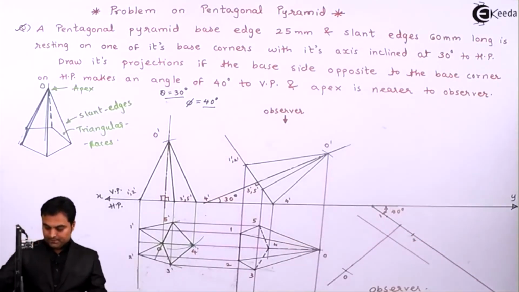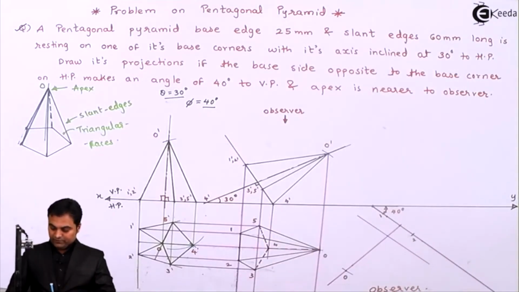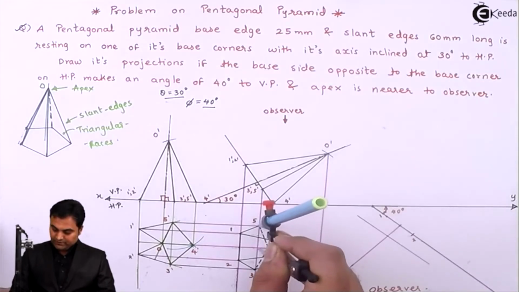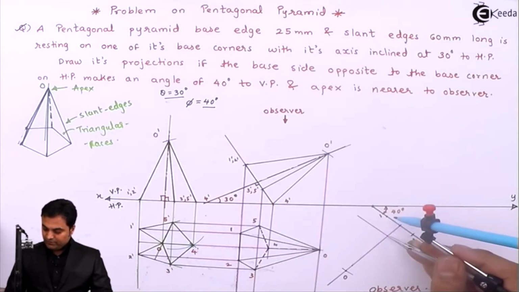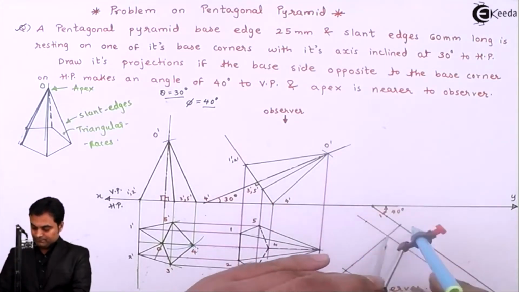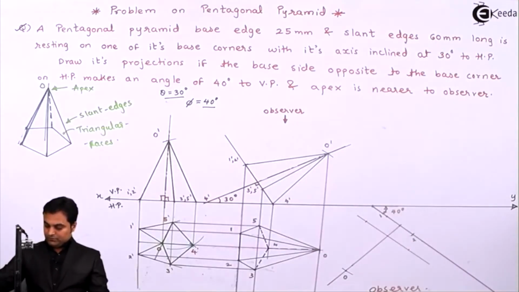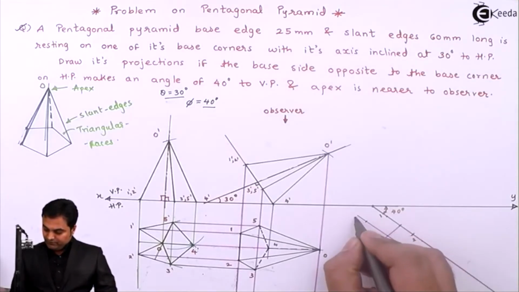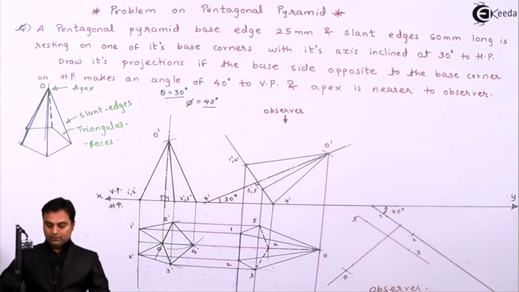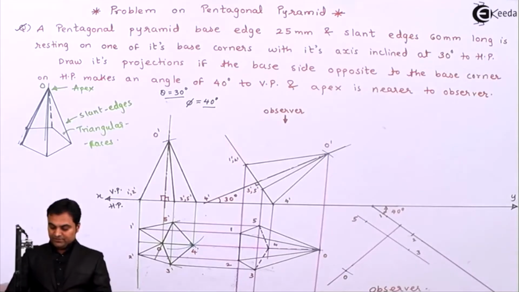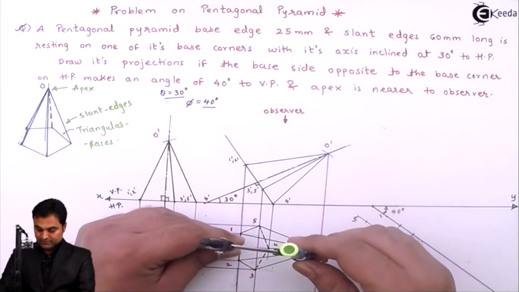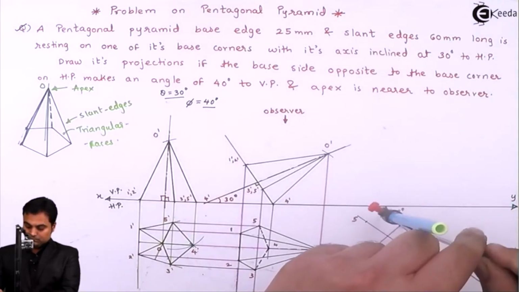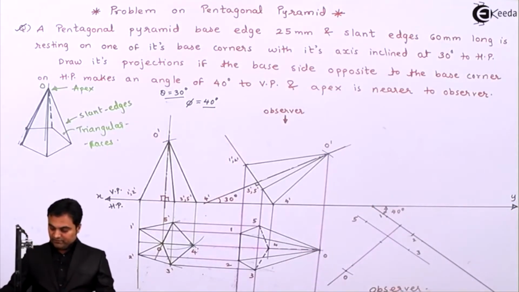Measuring the distance of any one of the points because the distances are the same. So I take the distance of 5, same will be for 3. So here we have point 3 and point 5. Then point 4 is left. I'll measure its distance from the base edge 1 to 2. Here we have point 4.